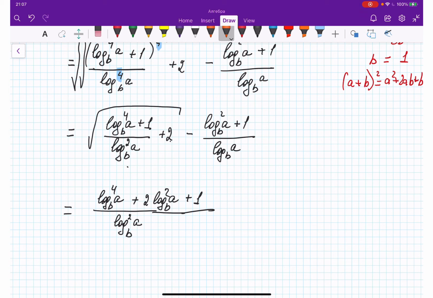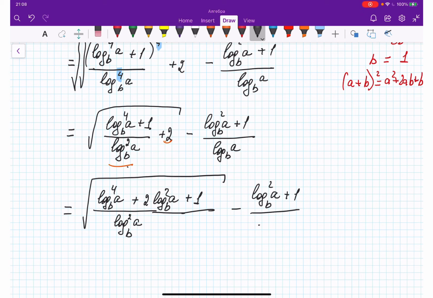First I placed 2 times this denominator and then plus 1, because this way you can see clearly the formula (a plus b) squared. Okay, and this is going to go under the square root and minus logarithm a by base b squared plus 1 over logarithm a by base b.